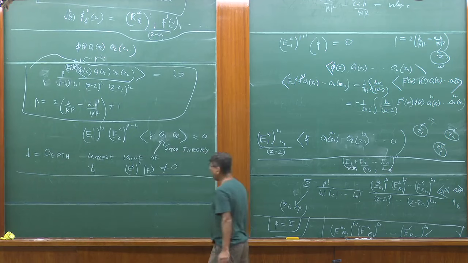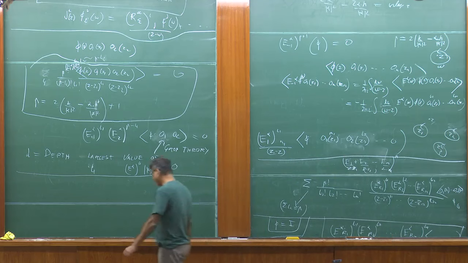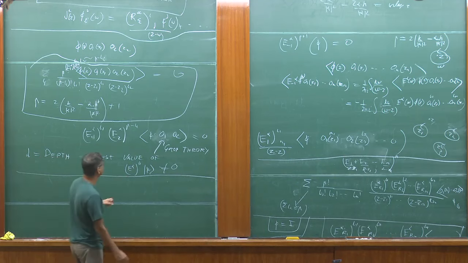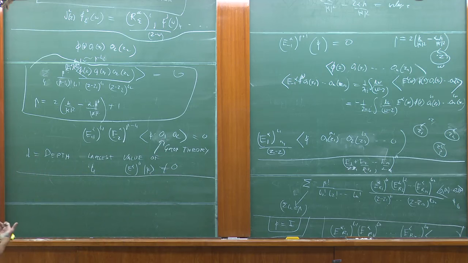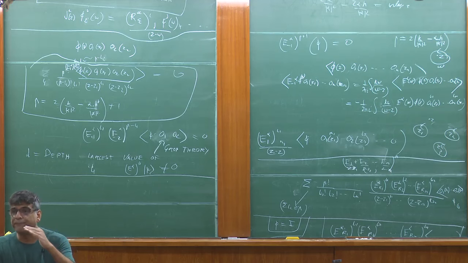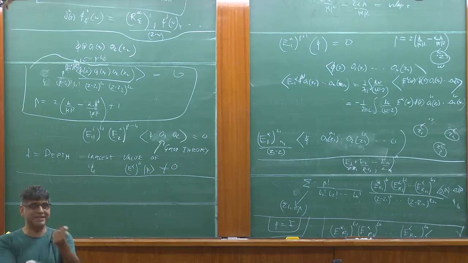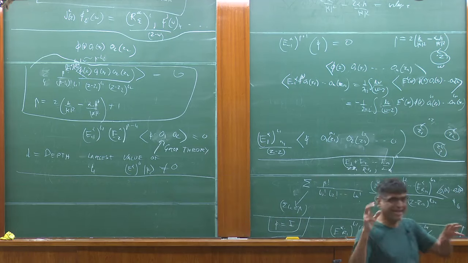Now, suppose the Clebsch-Gordon coefficients were such that they coupled states whose sums of depth was greater than P. You see this L1 plus L2 runs up to P. So suppose every term in this Clebsch-Gordon coefficient was such that the sums of depth was less than P. Then every such state would be annihilated, because we act with E alpha to the power L1, E alpha to the power L2.